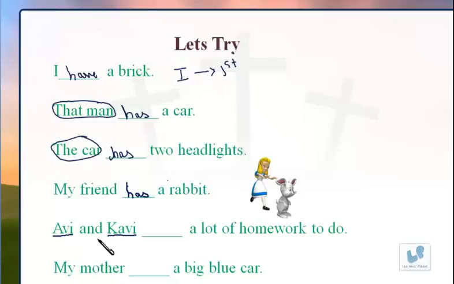So Avi and Kavi have a lot of homework to do.